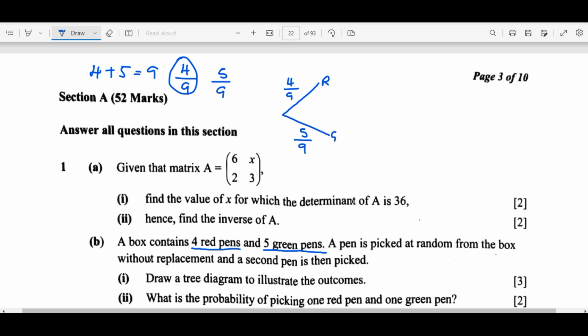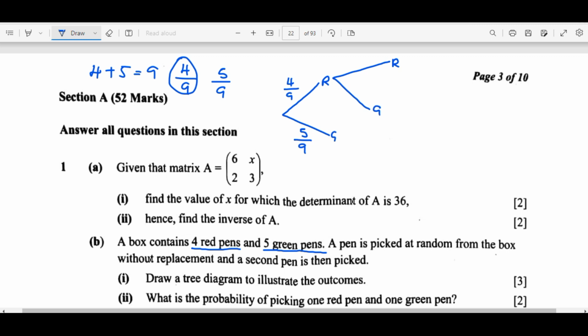Then you go again, and there is a probability that they can still pick the two colors, which is red or green. So the red will continue there, and this is the G, which is green.